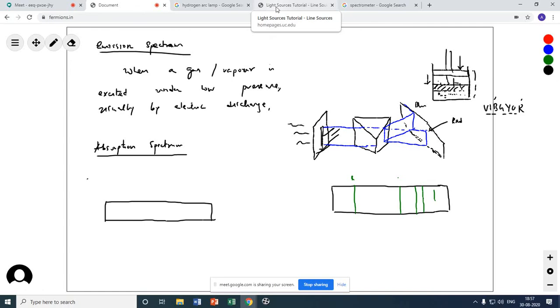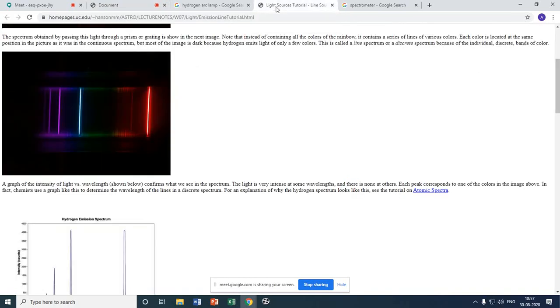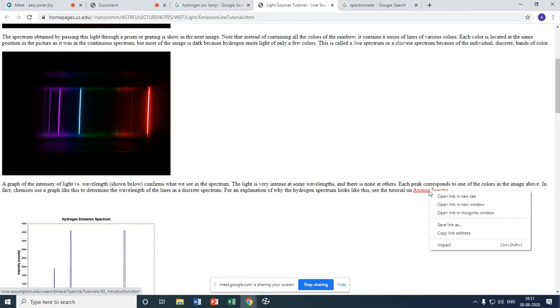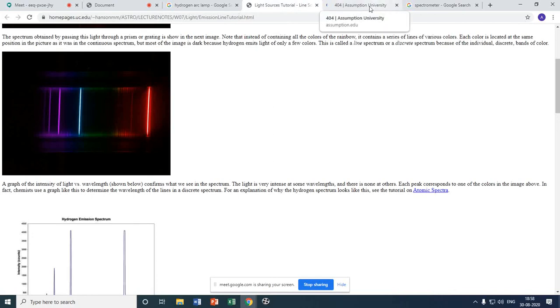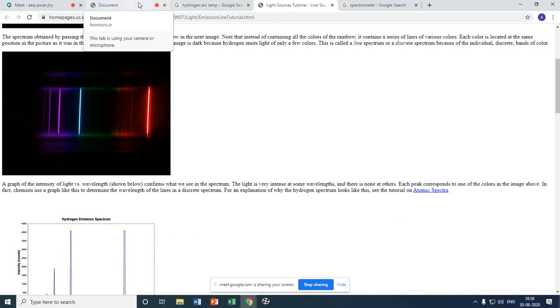So you are looking at the Balmer series. He was a higher secondary physics teacher who observed this. He was also carrying out experimental demonstrations like this, and he came across this one.